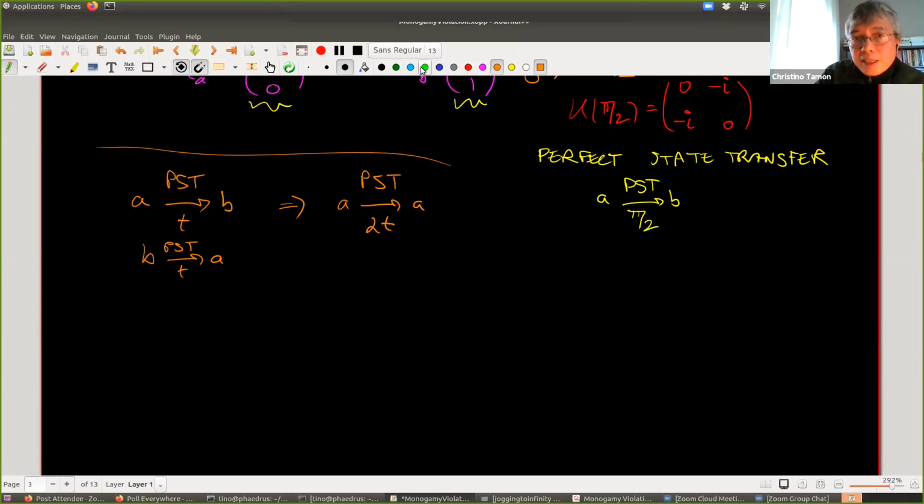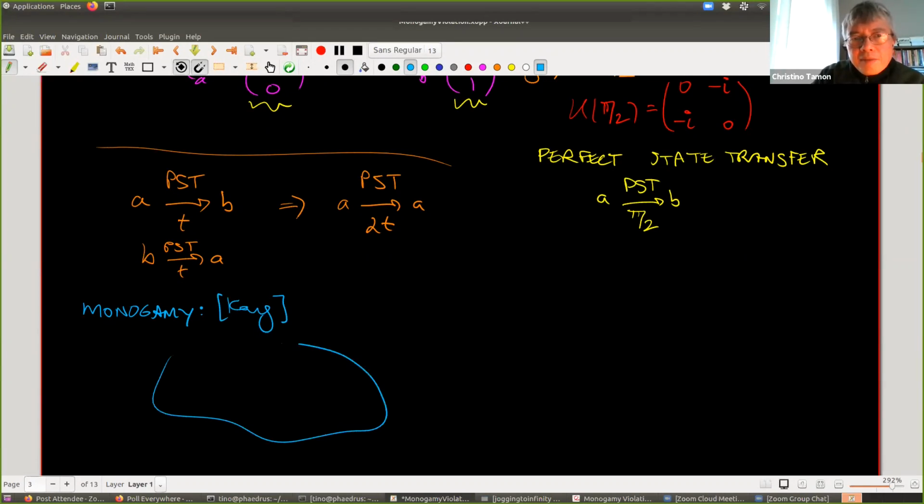Okay, so I should mention quickly this property of monogamy here, and then I'll hand it to Sabrina. This is an observation made by Kay, where he observed the following.